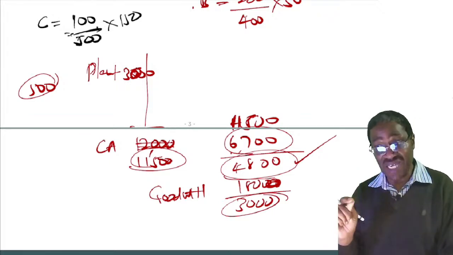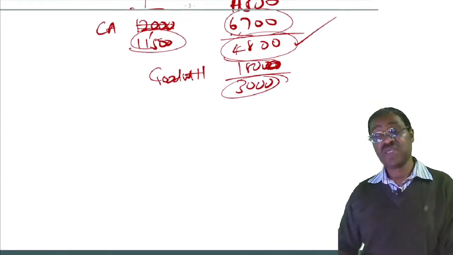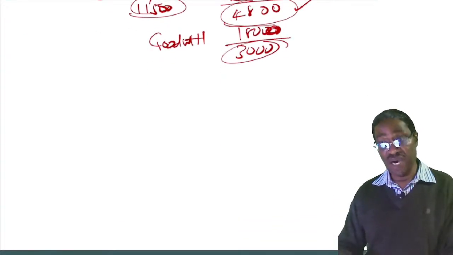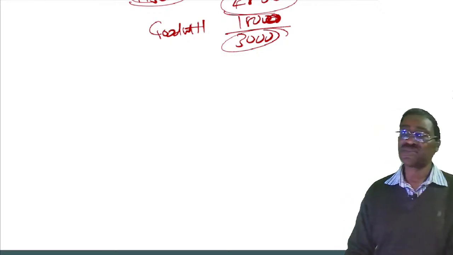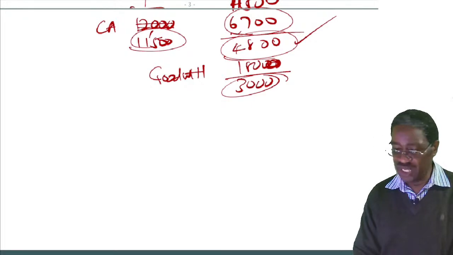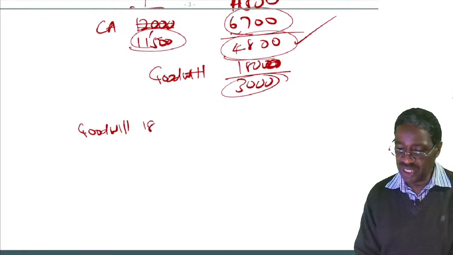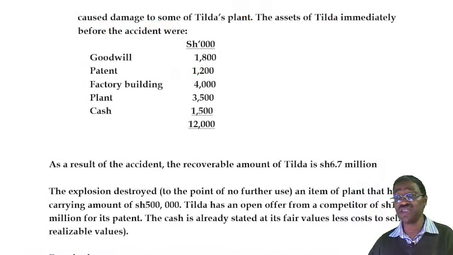to the other assets in the unit, on the basis of their carrying amount. Listen. The unit, maybe I can put it here. The units were goodwill, 1.8. Don't write. I'm just copying the list again so that you see clearly.